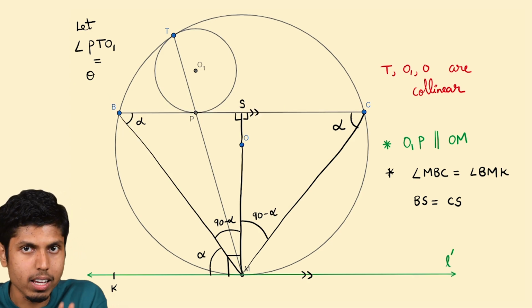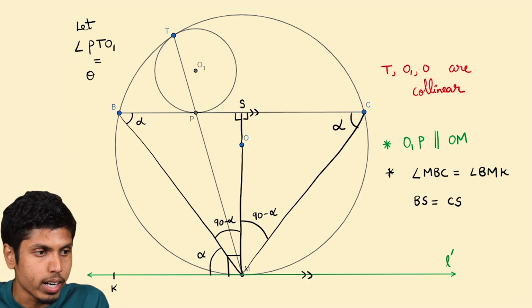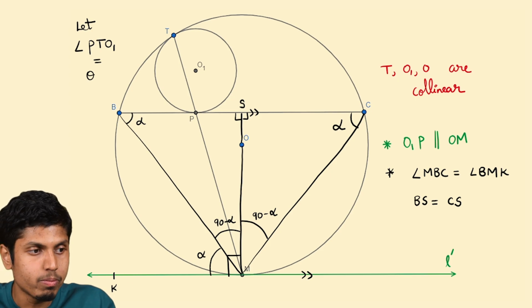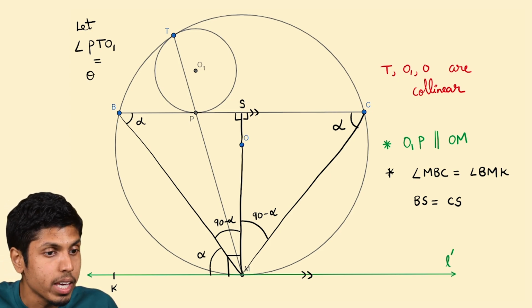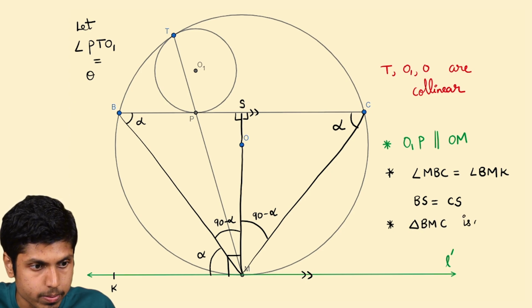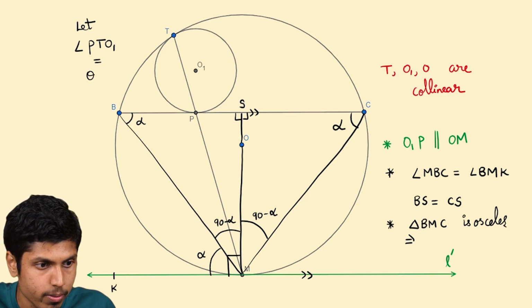So by a simple angle chase, we proved that the perpendicular from the center to the chord BC also passes through M, making the triangle BMC isosceles, which implies BM equals CM.